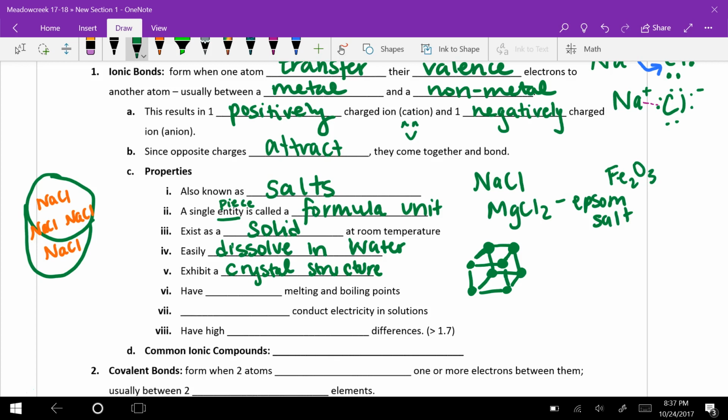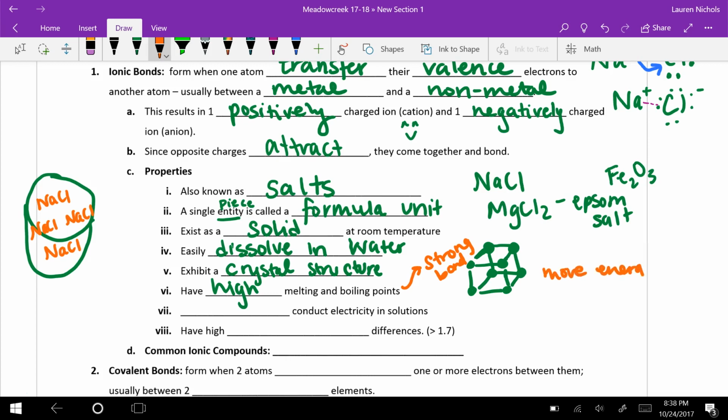They're also going to have high melting and boiling points. And this high melting and boiling point is an indicator that an ionic bond is a strong bond. If you need a high melting point, that means you need more energy to break the bond.